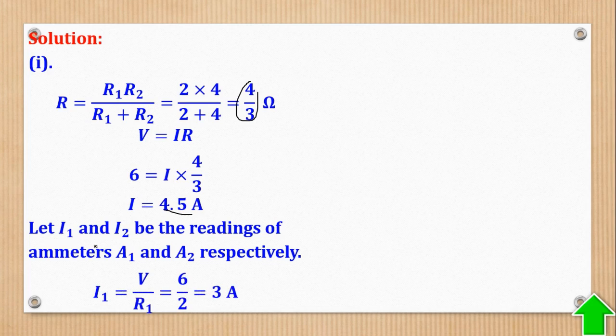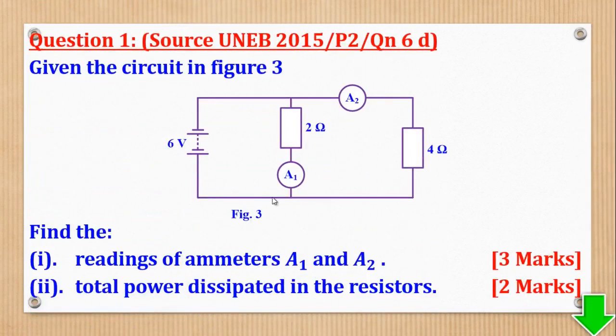Therefore, let I1 and I2 be the readings of the ammeters A1 and A2 respectively. So for ammeter A1, if you look at this diagram, the PD here is the same 6 volt, and the resistance is 2 ohm.